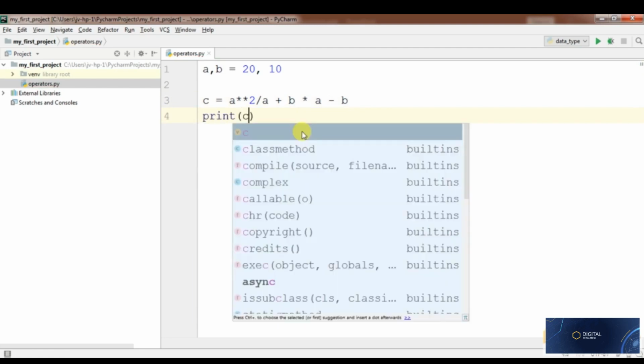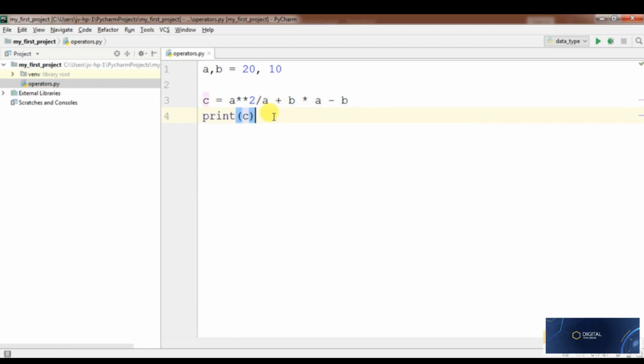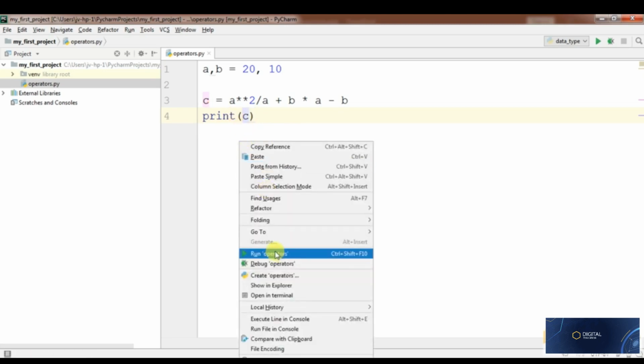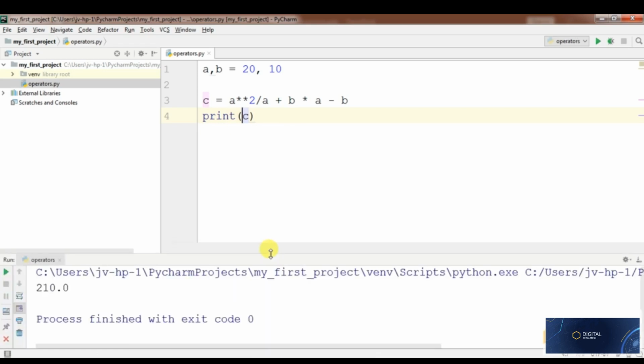So this is one expression. You can pause the video and calculate it. Okay, so let's run this program and then see how many of you are able to solve this small expression. Let's run it, and this is the answer.